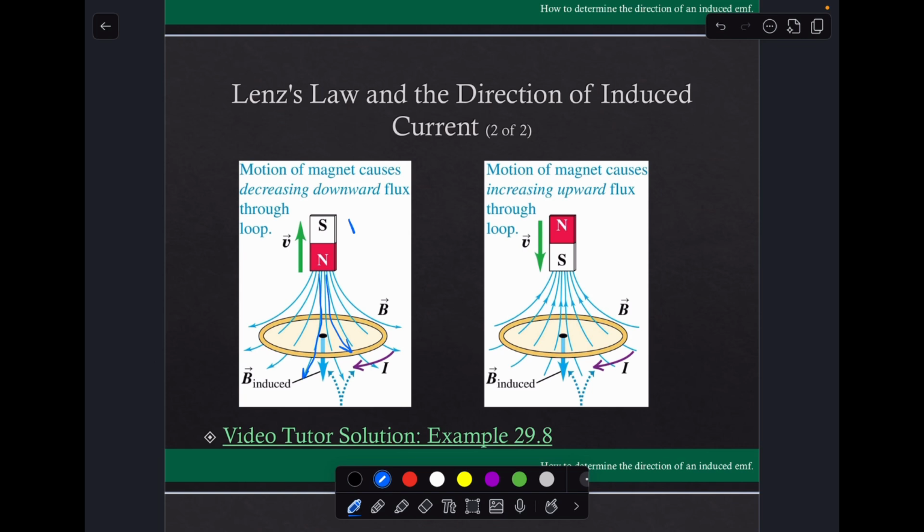If we're pulling the magnet away, then the magnitude of B is going to be decreasing. The flux will be decreasing. And so the direction of the induced field will need to point in the same direction as B in order to oppose the decrease. So with our thumb pointing down now, our fingers are going to curl in the clockwise direction.